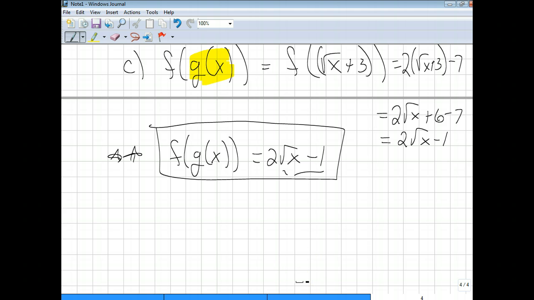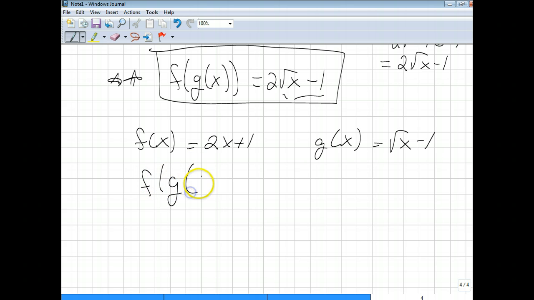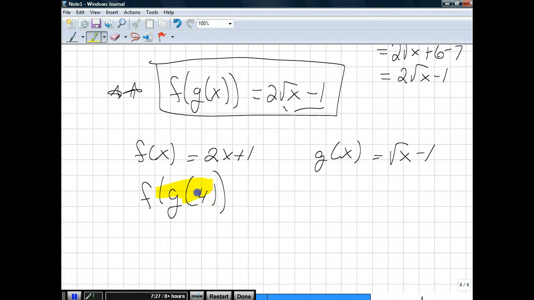All right, so let's try a new one. If now my function is f of x is equal to 2x plus 1, and g of x is equal to square root x minus 1, find f of g of 4. Okay, so again, remember you start at the innermost function, and find what the value of that is.